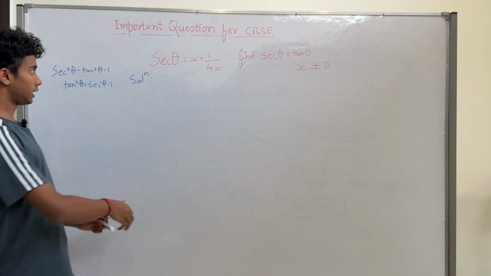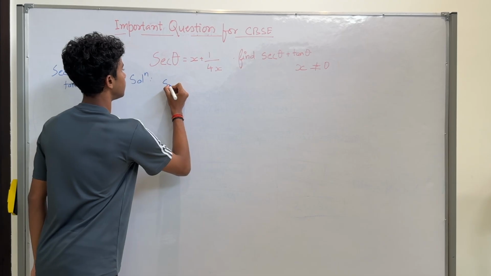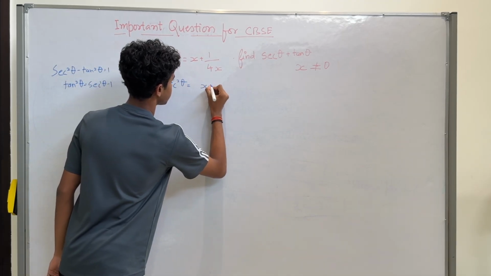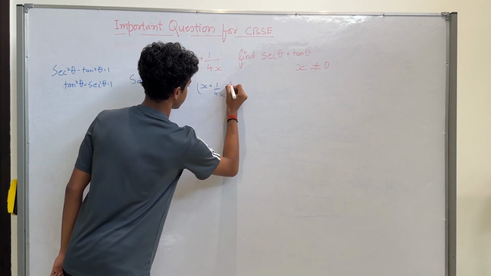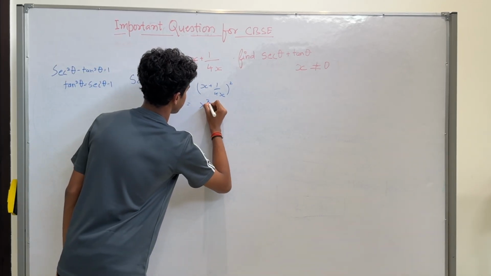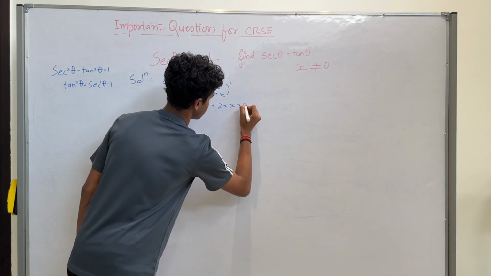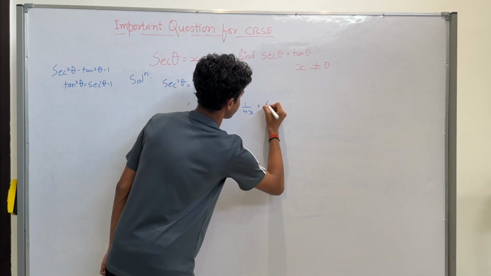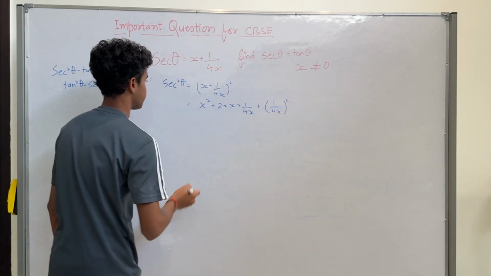Okay. So here we have sec theta. Let's square both sides. So we'll get sec square theta equals x plus 1 by 4x whole square. Now let's simplify the RHS. It is x square plus 2 into x into 1 by 4x plus 1 by 4x whole square.